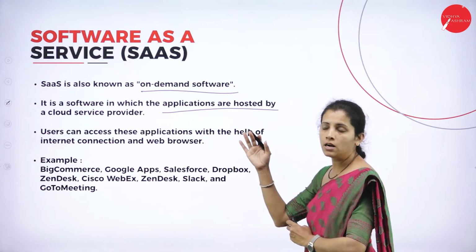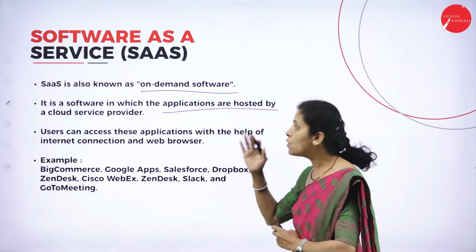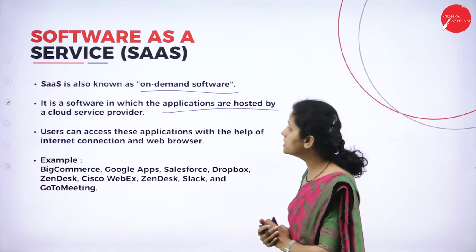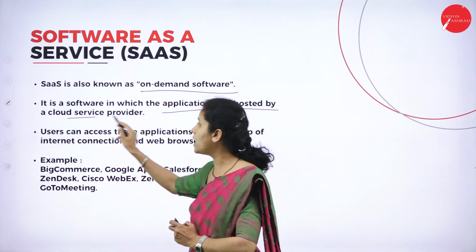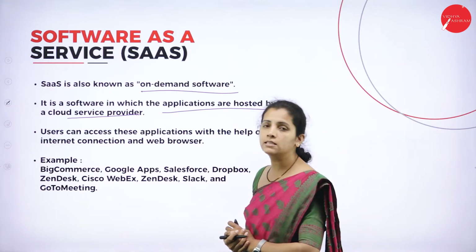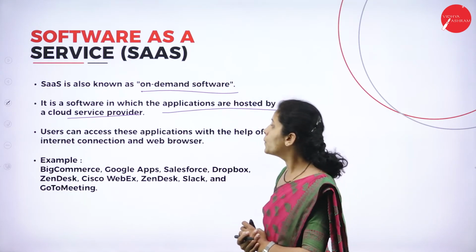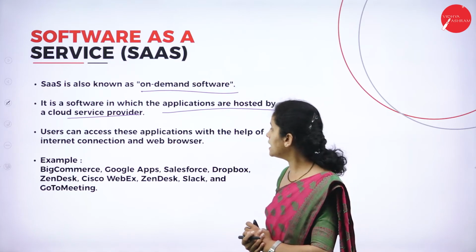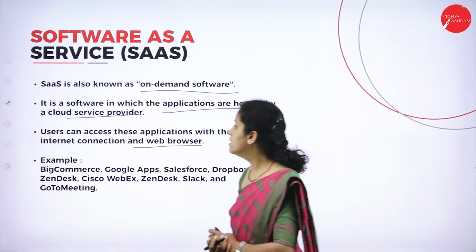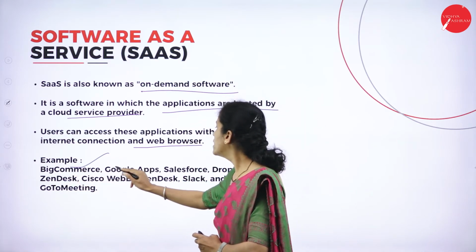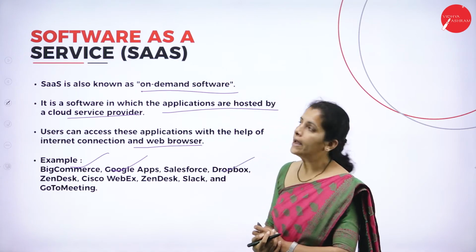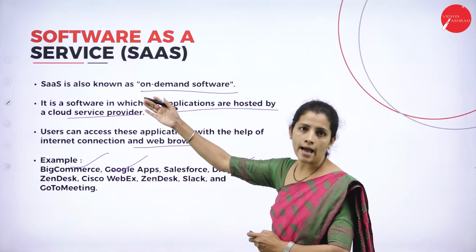SaaS is nothing but the software in which applications are hosted by the cloud service provider, and the user can access these applications with the help of an internet connection and web browser. Examples: BigCommerce, Google Apps, Dropbox. These are the examples for SaaS.